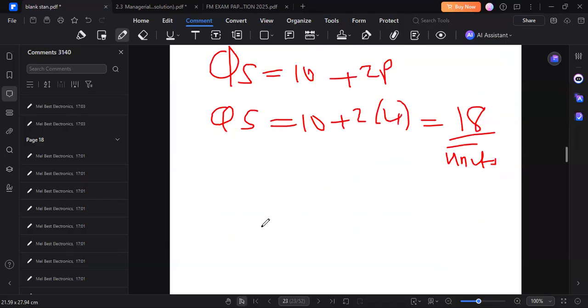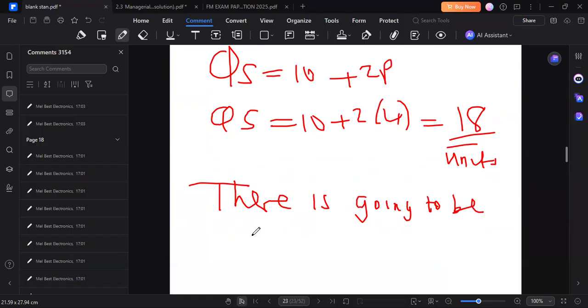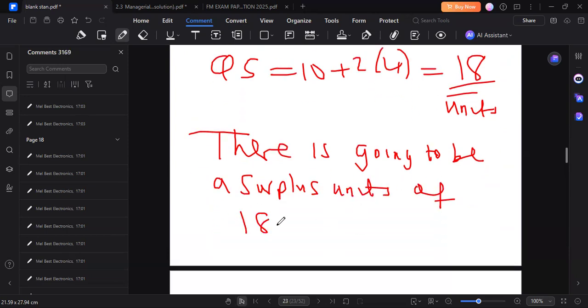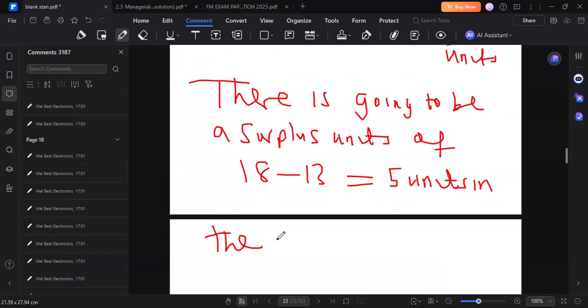So quantity supplied will be more than quantity demanded. There is going to be a surplus of 18 minus 13, which is 5 units in the market. You get the point, right? This is what would happen in this market if the government puts a price floor.